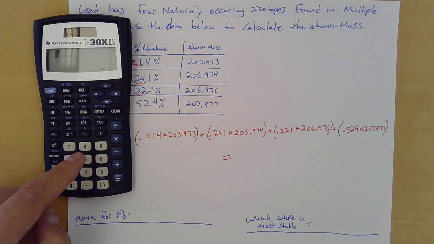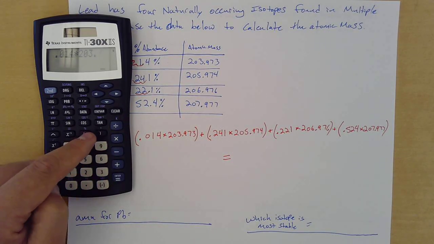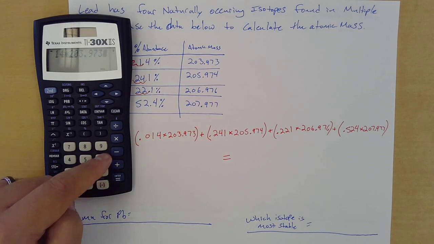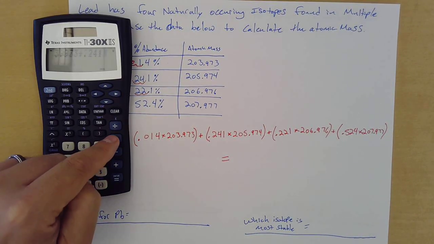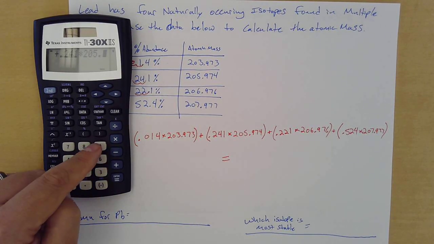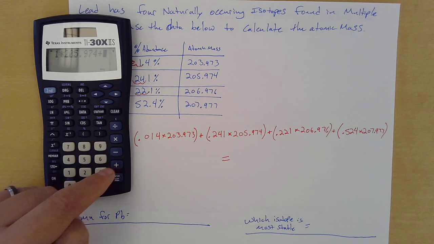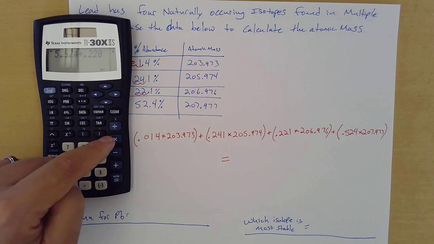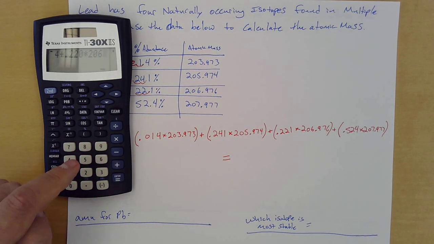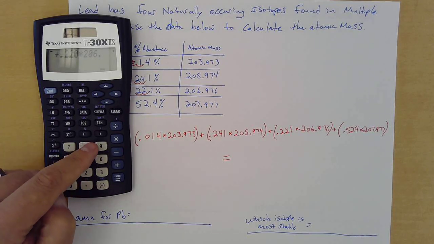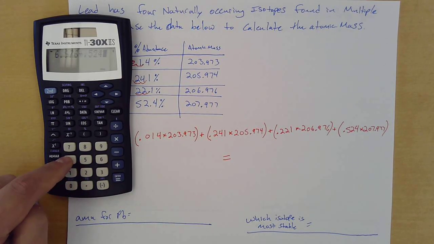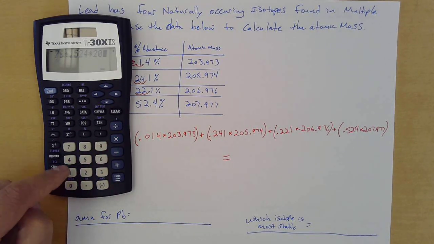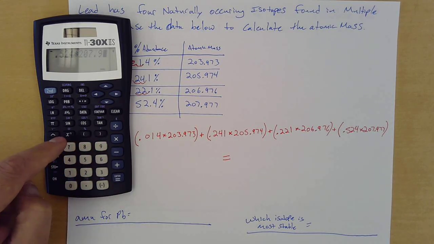So I'm going to do 0.014 times 203.973, plus 0.241 times 205.974, plus 0.221 times 206.976, plus 0.524 times 207.977.